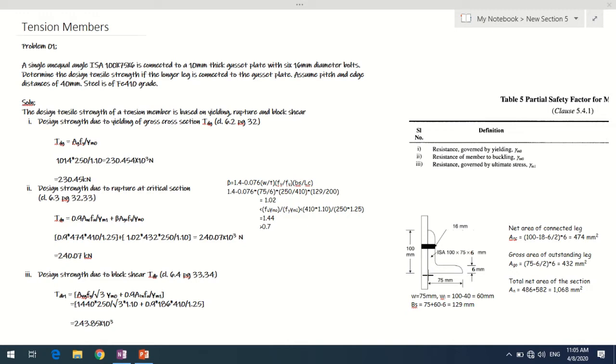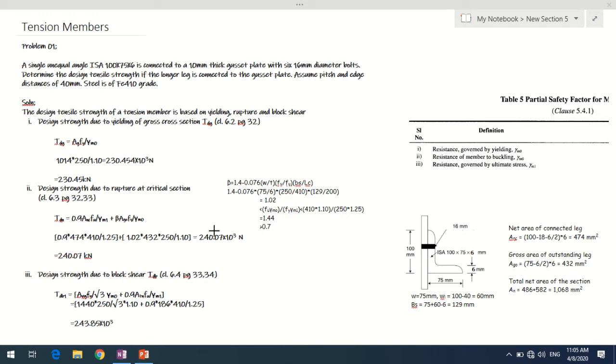So that is 75 minus 6 by 2, into the thickness of the angle. That will be the gross area of the outstanding leg. That comes out to be 432 mm square. So Anc and Ago, we got them.